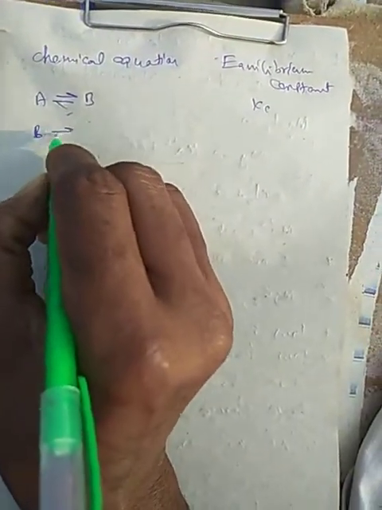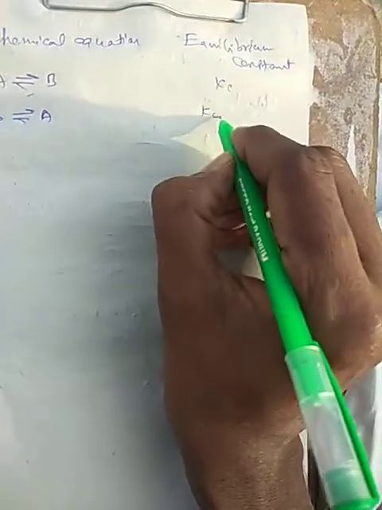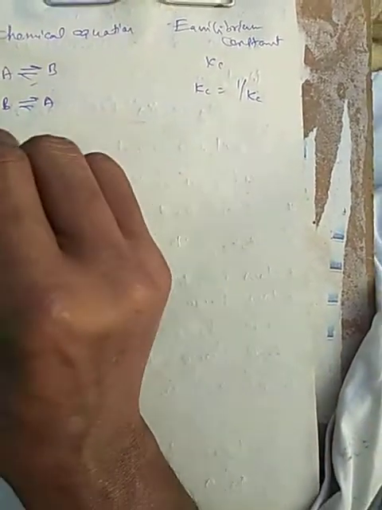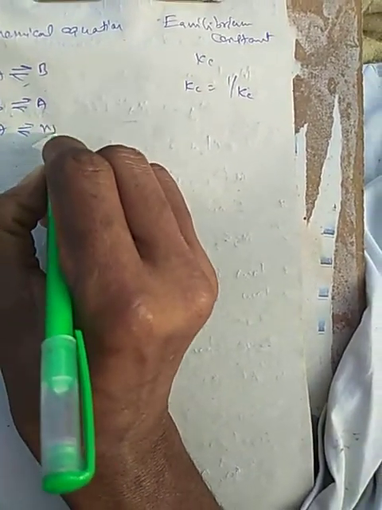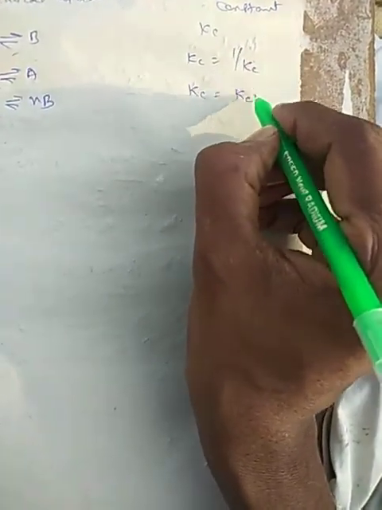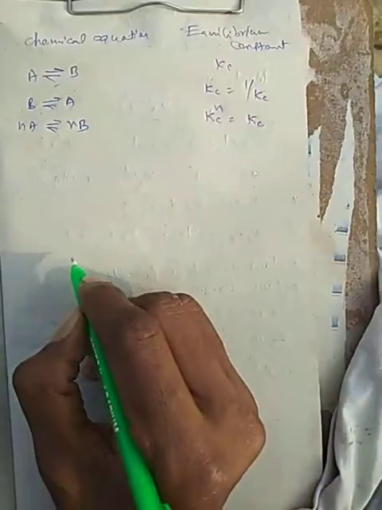Now B at equilibrium to form A, we can write Kc is equal to 1 by Kc. Now nA changes to nB, we can write Kc is equal to Kc power n.